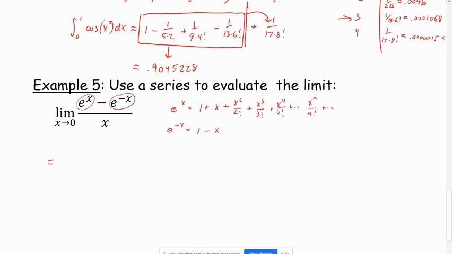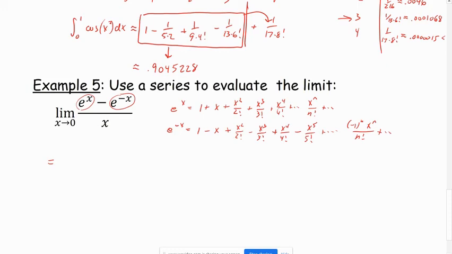So that's going to be 1 minus x plus x squared over 2 factorial minus x cubed over 3 factorial plus x to the 4th over 4 factorial minus x to the 5th over 5 factorial, and so on and so on. So it's negative 1 to the n, x to the n over n factorial in general.